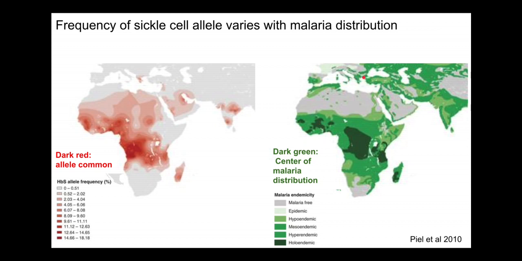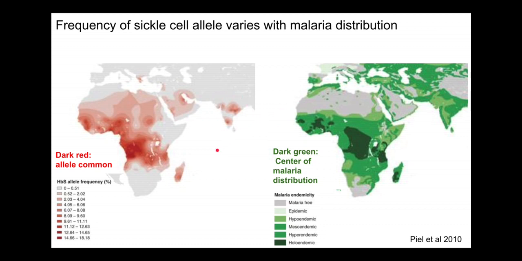Europe. Historically, malaria has been eradicated from most of Europe. This is historically where it was. And then also India, where it's still a problem. And you'll notice these maps match up. Where there are dark red colors, there are typically dark green colors, including these little spots in West Africa and India.